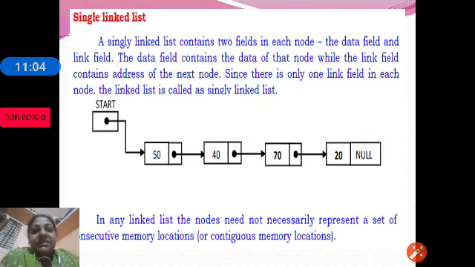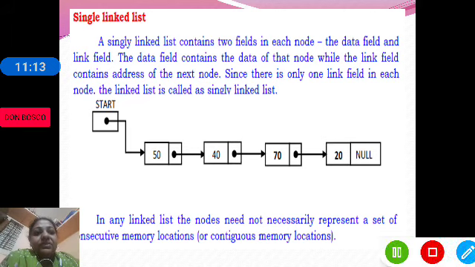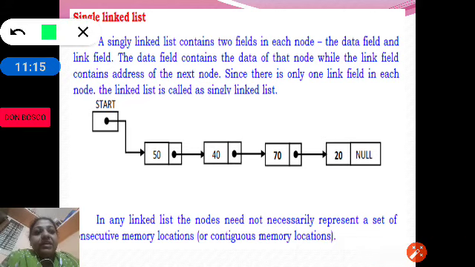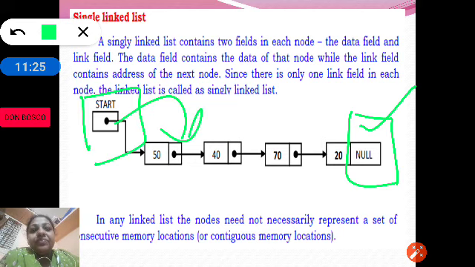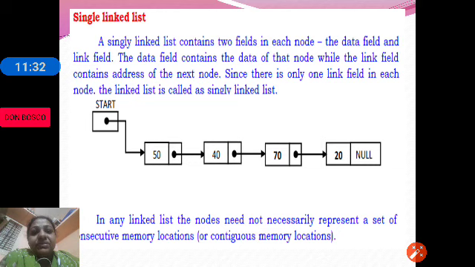There is always a start node, which always points to the first node in the list. Then you can observe the last node's link part is always null, which indicates the end of the list. So this is about single linked list.